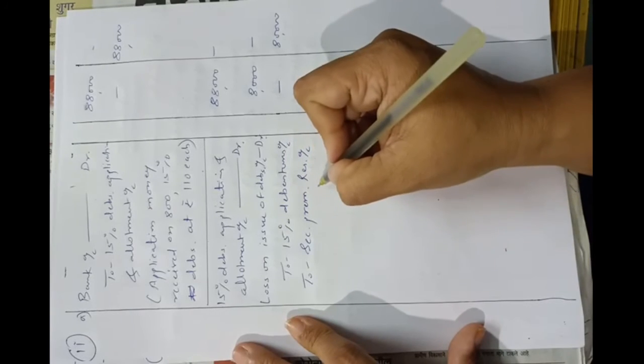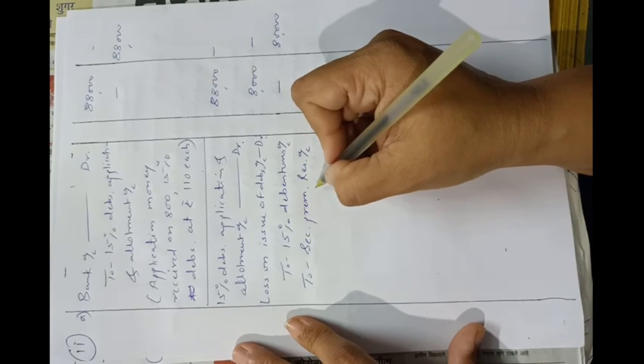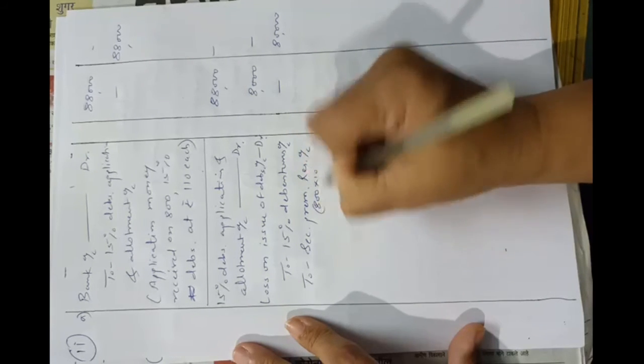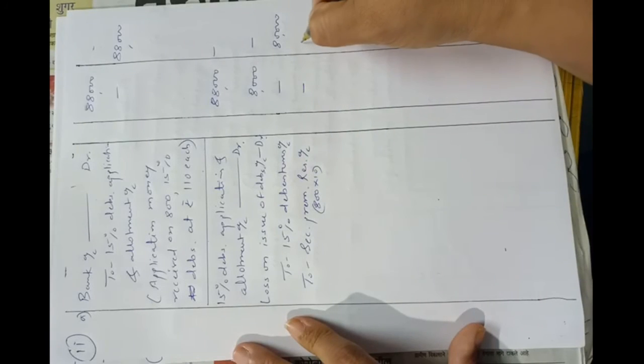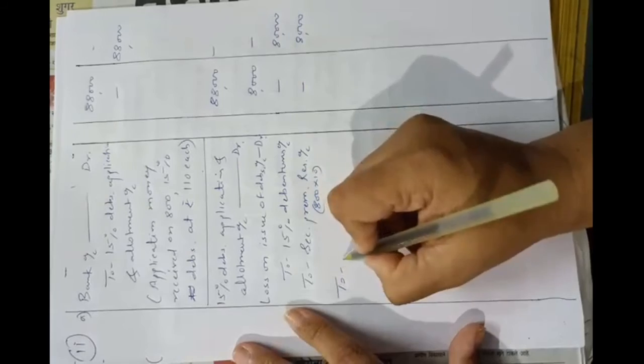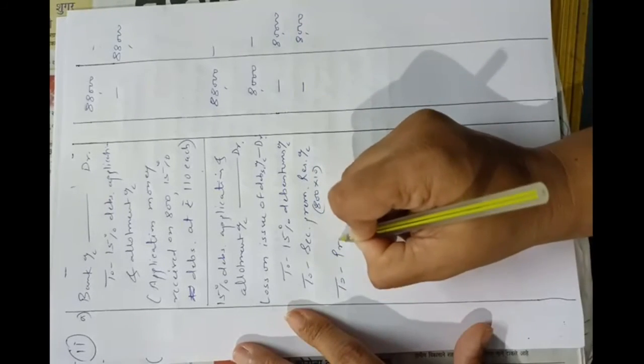This is the security premium at the time of issue. They will receive security premium at rupees 10 per debenture. So 800 into 10, that is rupees 8,000, to premium on redemption of debentures account.